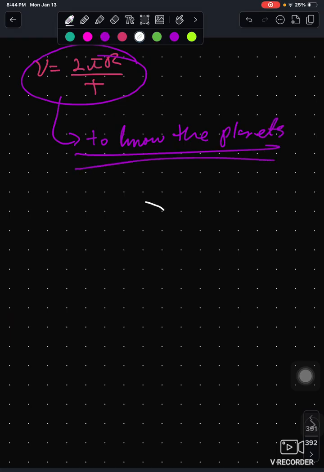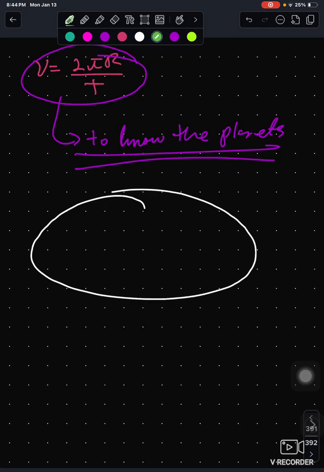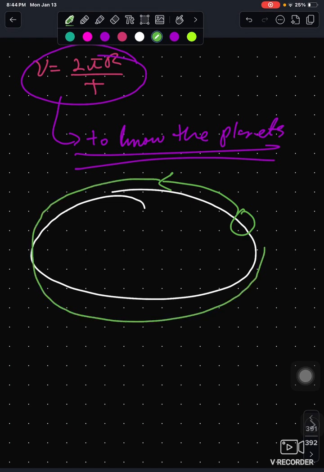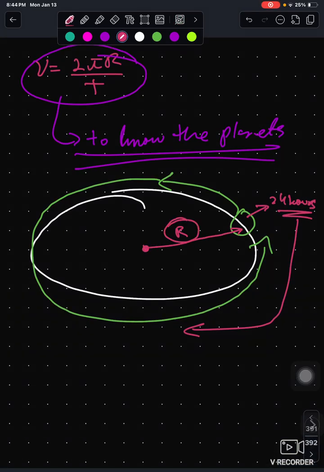Let's suppose this is our earth, revolving around its orbit around the sun, and it takes 24 hours to do the full orbit, and this is the radius.